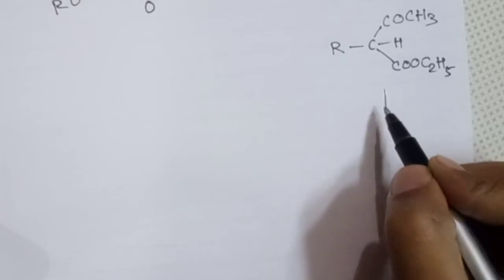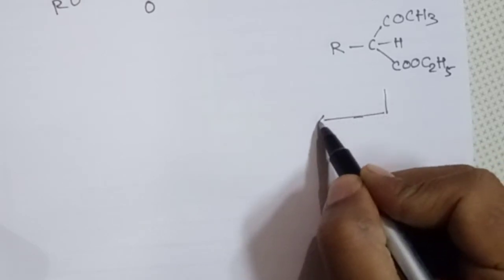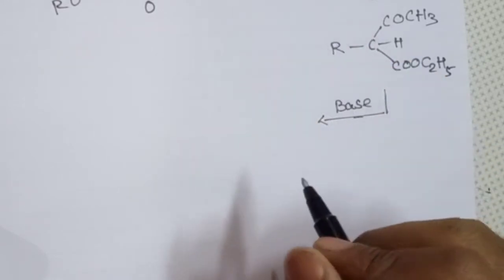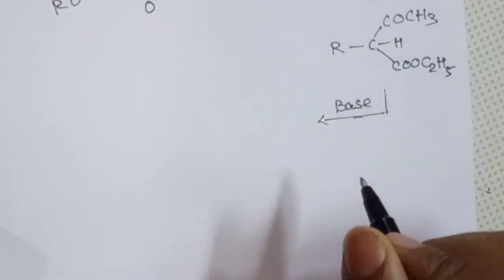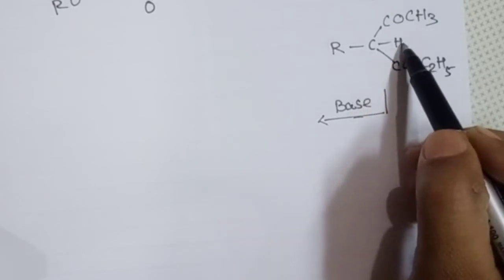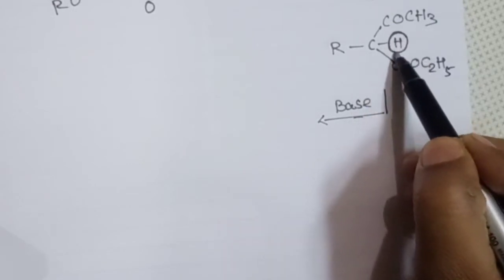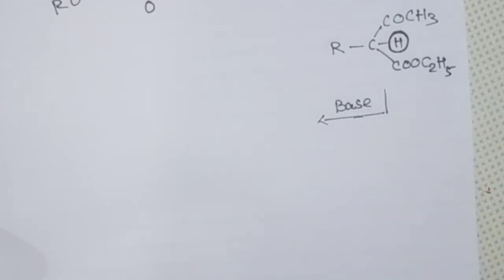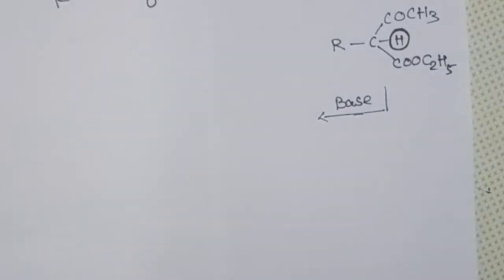If I apply a stronger base, it can release the remaining acidic hydrogen here, leading to another carbanion, which further reacts with an alkyl halide and leads to double substitution, dialkyl substitution reactions.